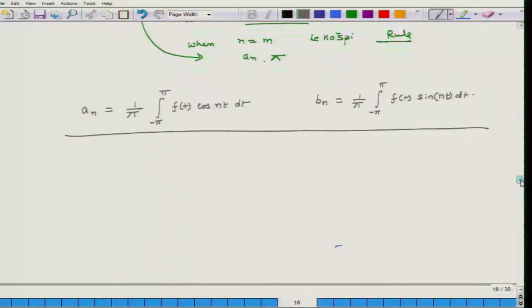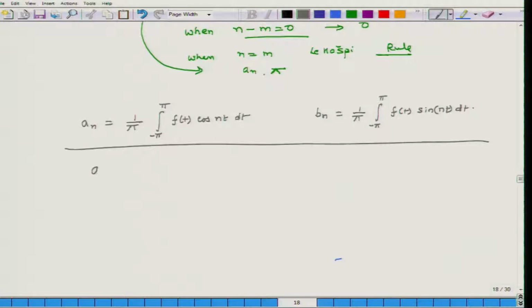So, these are the expressions. And a_0 we had already shown is equal to 1 over 2 pi times the integral from minus pi to pi of f(t) dt.